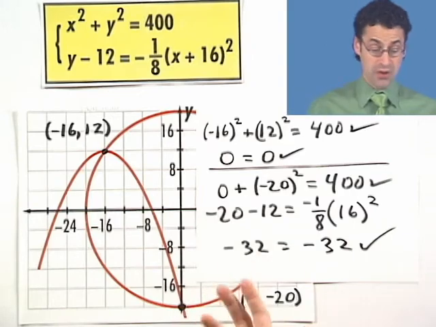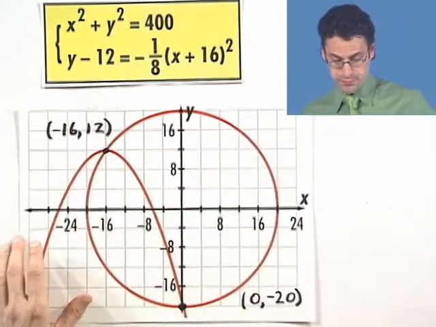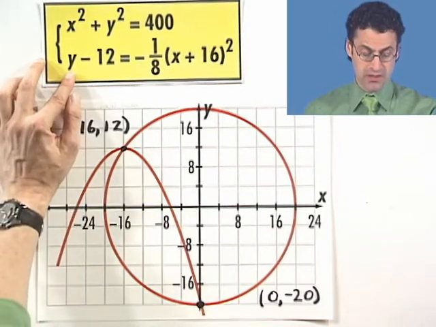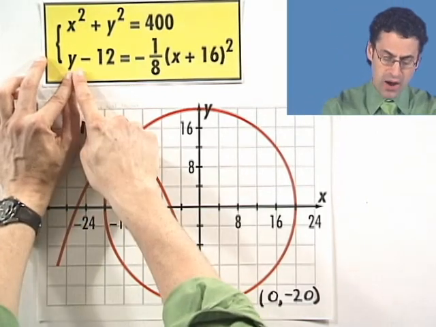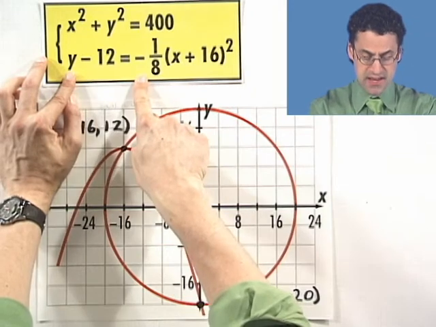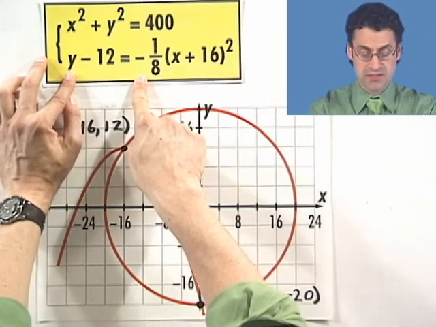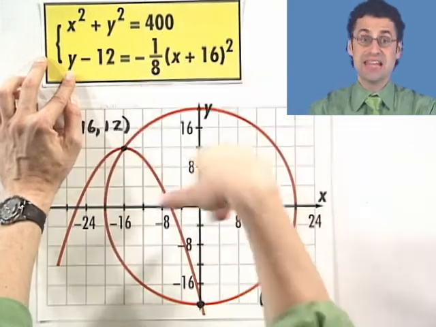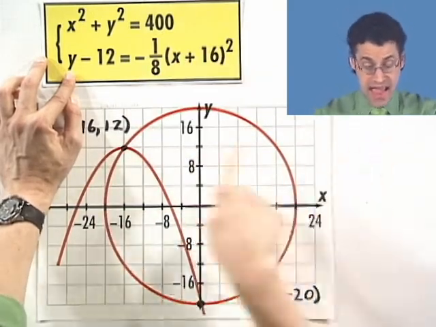Now, you could also find the solutions algebraically. What you might want to do is solve this for, let's say, y. I could have y equals, bring this over to the other side, as a plus 12. I'd see 12 minus 1/8 times the quantity x plus 16 all squared. And then take that whole value for y and insert it here.